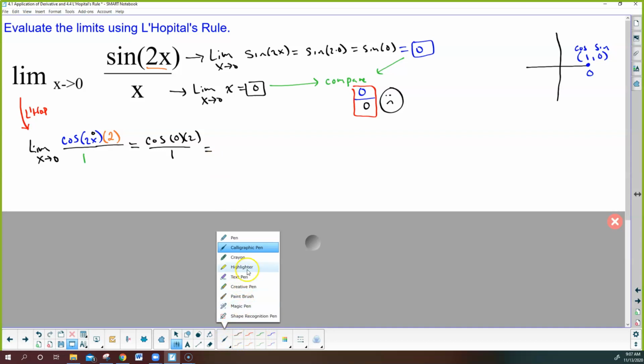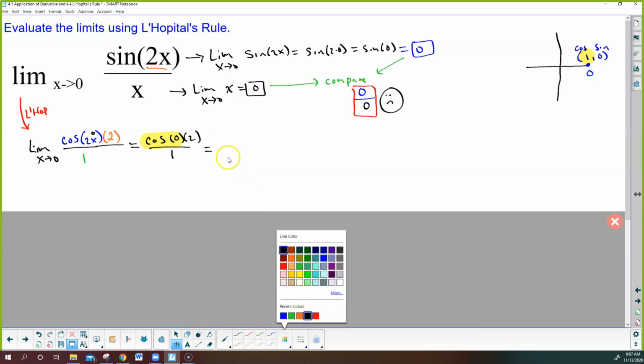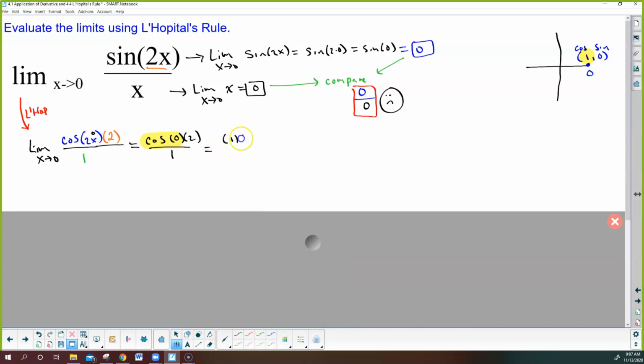And then you just have to know what is cosine of 0. Well, cosine of 0 is 1. So that gives me 1 times 2 over 1. And there we go. Now we know the answer because of L'Hopital's rule.